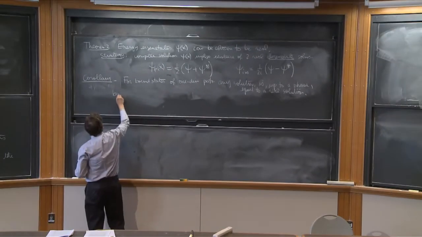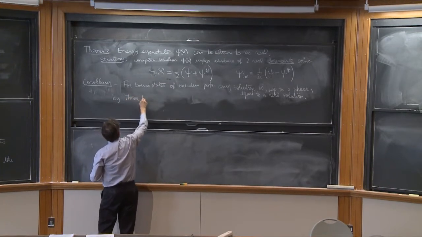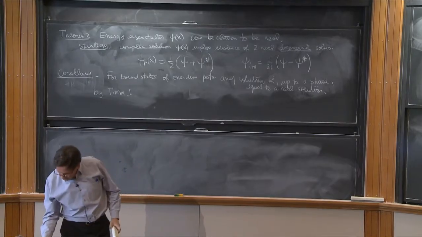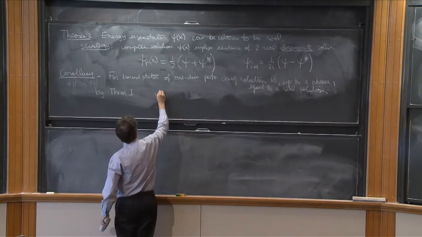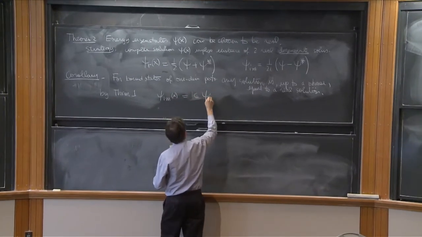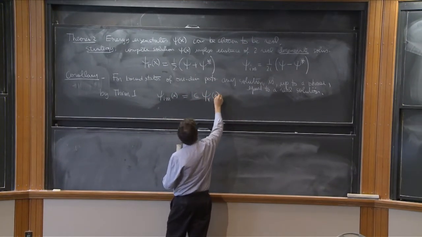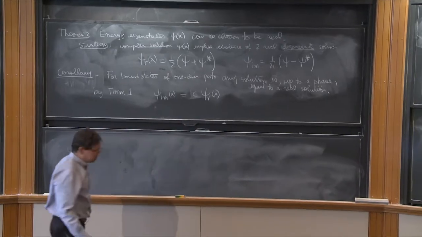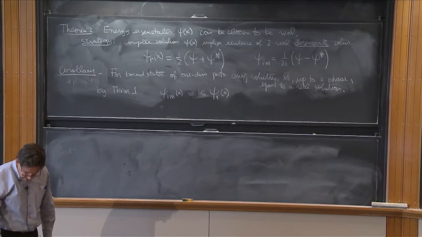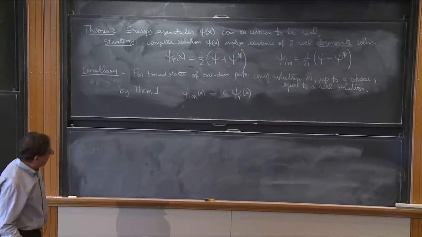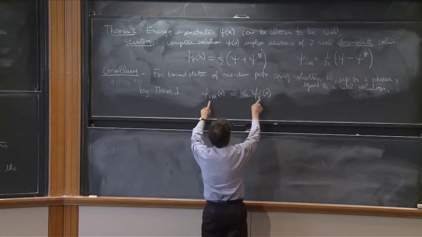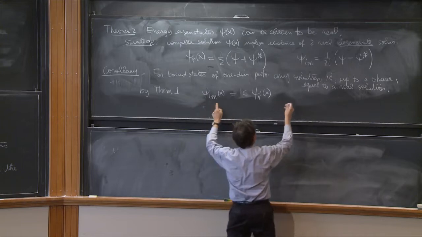So by Theorem 1, you must have that, in the notation that I have here, psi imaginary of x must be equal to a constant times psi real of x. Now, if these functions anyway are real, the constant here must be real.